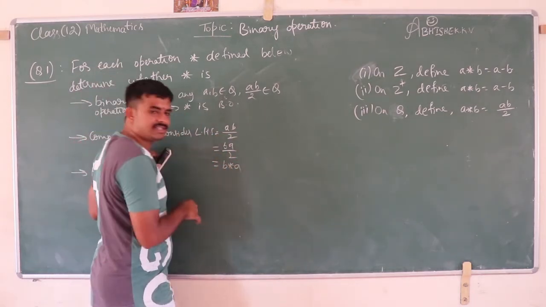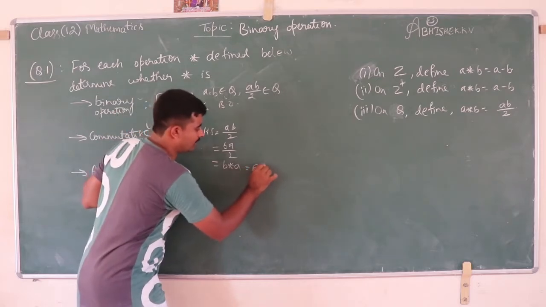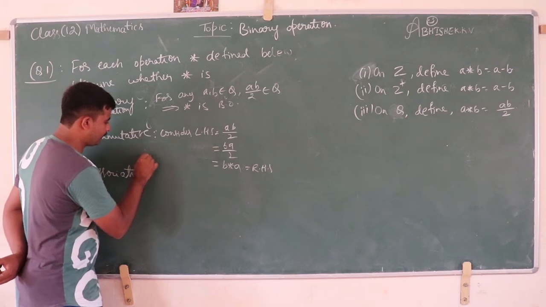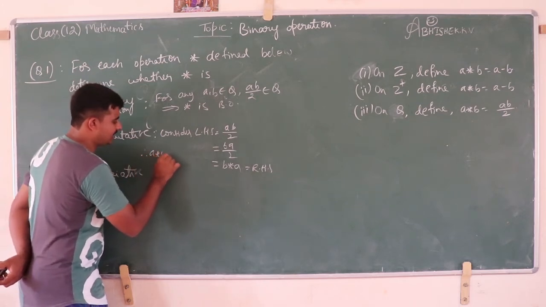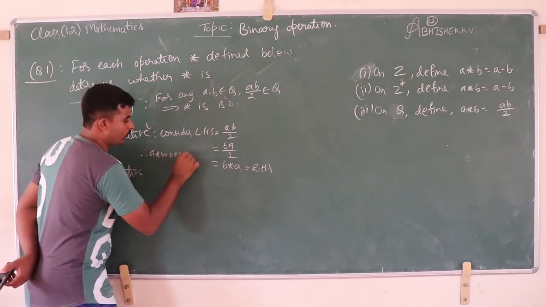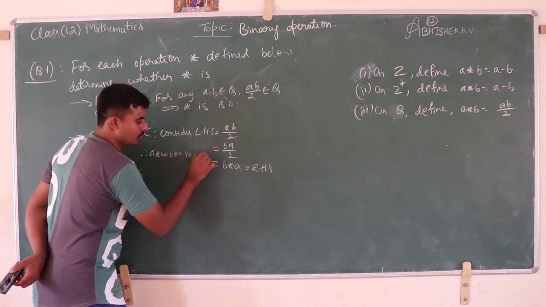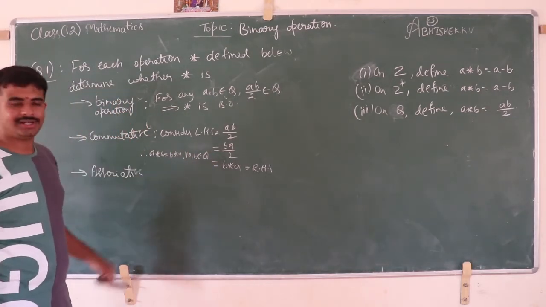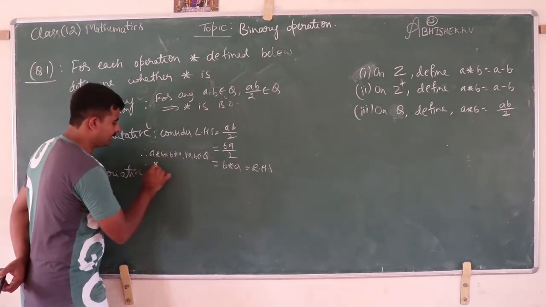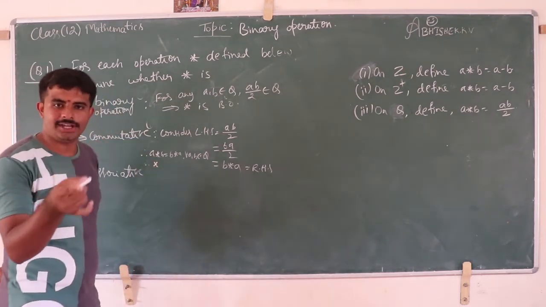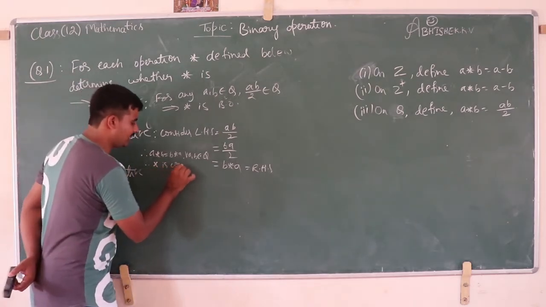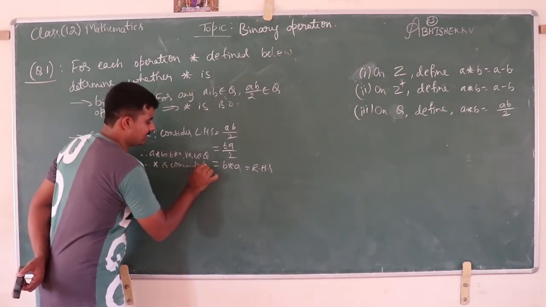Therefore, this is equal to RHS. Therefore, A star B is equal to B star A for all A, B belonging to the set of rational numbers. Star is said to be commutative if A star B is equal to B star A. Therefore, star is commutative.